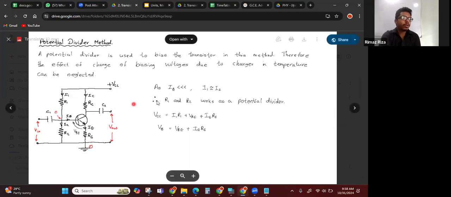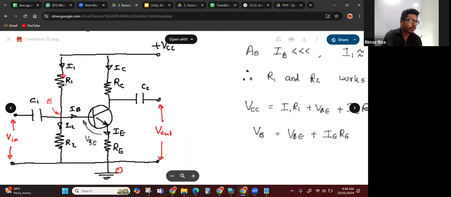Okay. So here IB is very small, right? So therefore, this current IB is very small. Therefore, we can think the current coming here, I1, almost all current goes this way, right? In this circuit, this current I1 comes and divides as IB and I2, right?